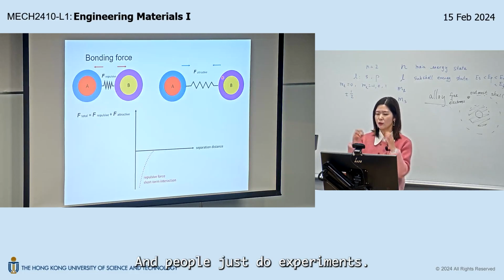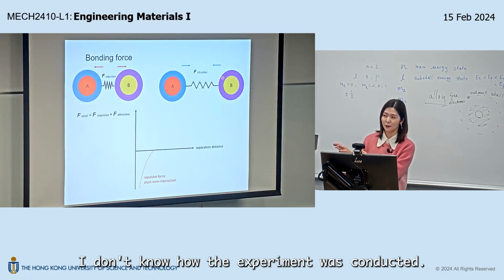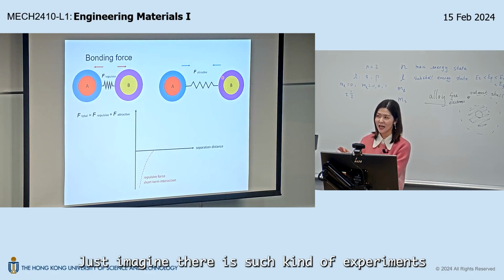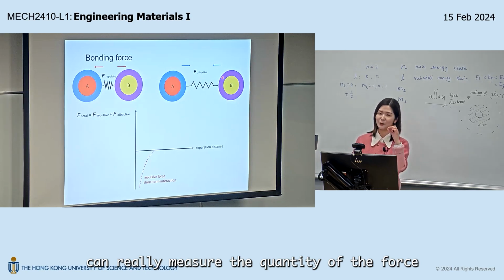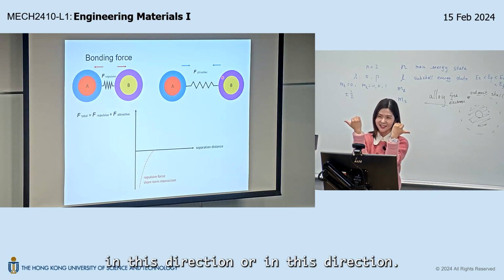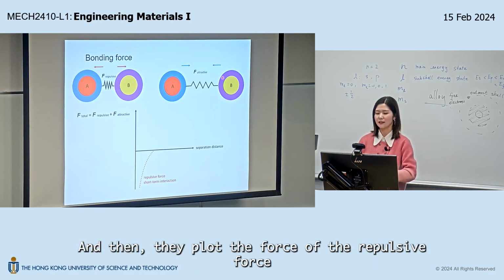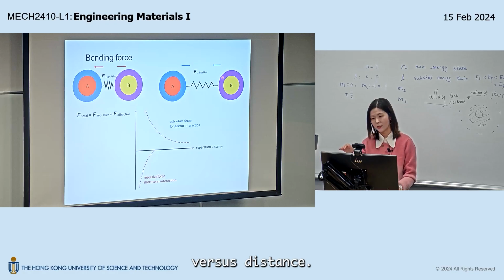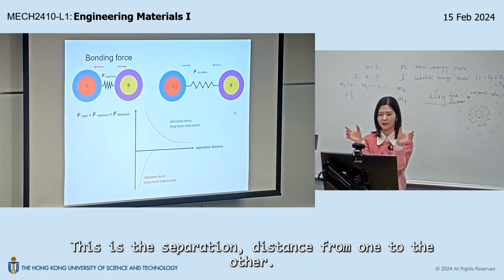People do experiments; I don't know how the experiment was conducted, but just imagine such experiments can really measure the force in this direction or this direction. Then they plot the force versus distance. This is the separation distance from one atom to the other.